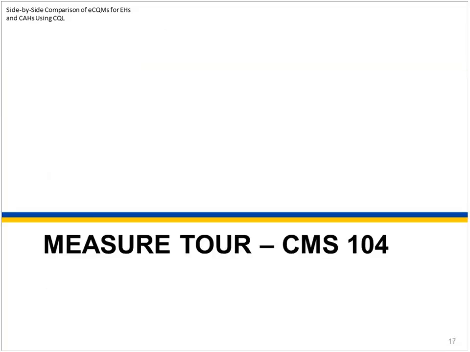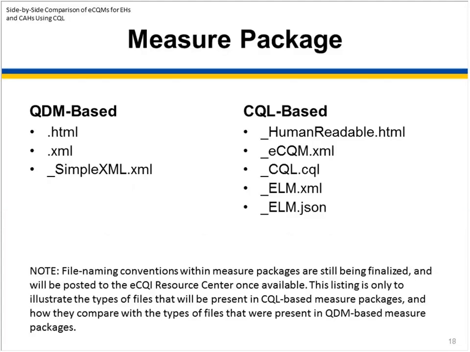All right, so CMS 104. So we'll start by looking at the actual measure package. If you've ever cracked open the measure and looked at the actual files within the package, the QDM-based measures have an HTML file. That's the human readable web page that you typically look at to get an overview of the entire measure.